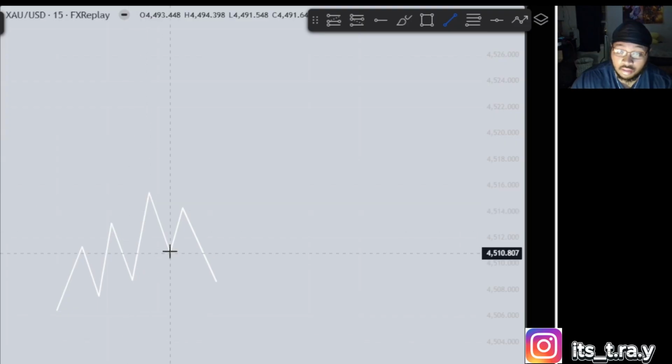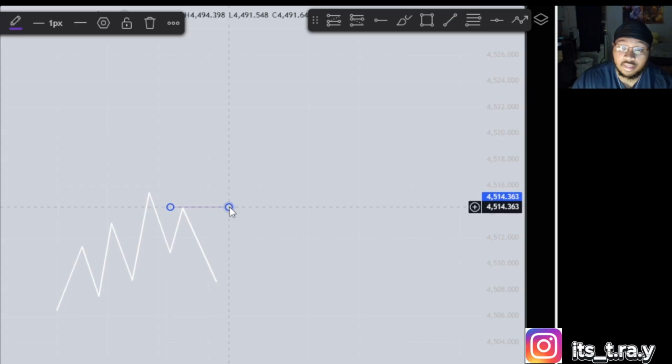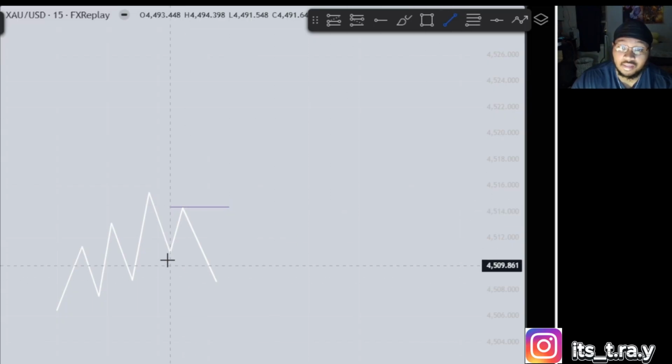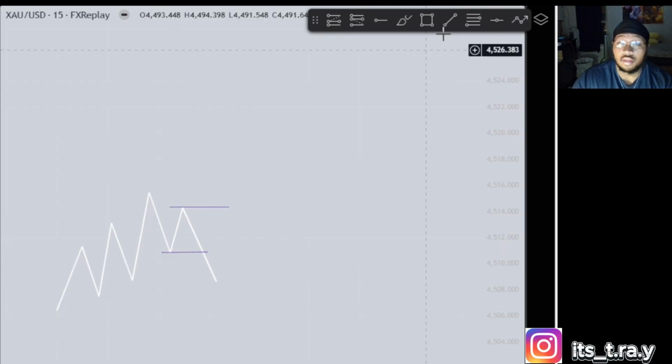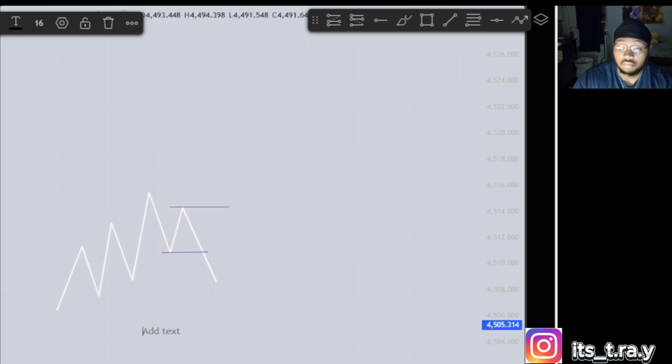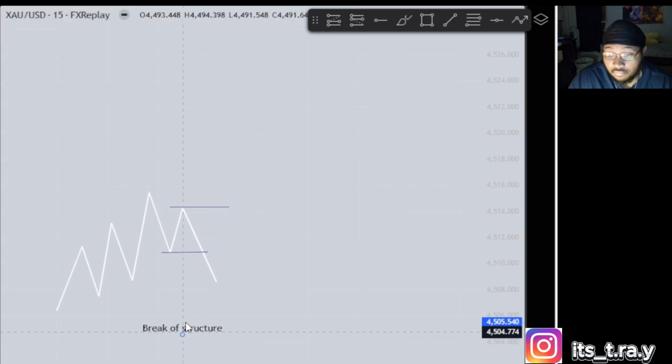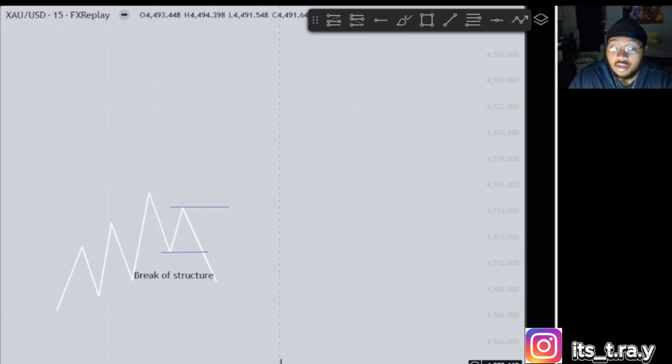Then we have our higher low, but as y'all can see, the market puts in a lower low right here, and then it breaks past this higher low right here, which is what we would call a break of structure. That's what this is right here.